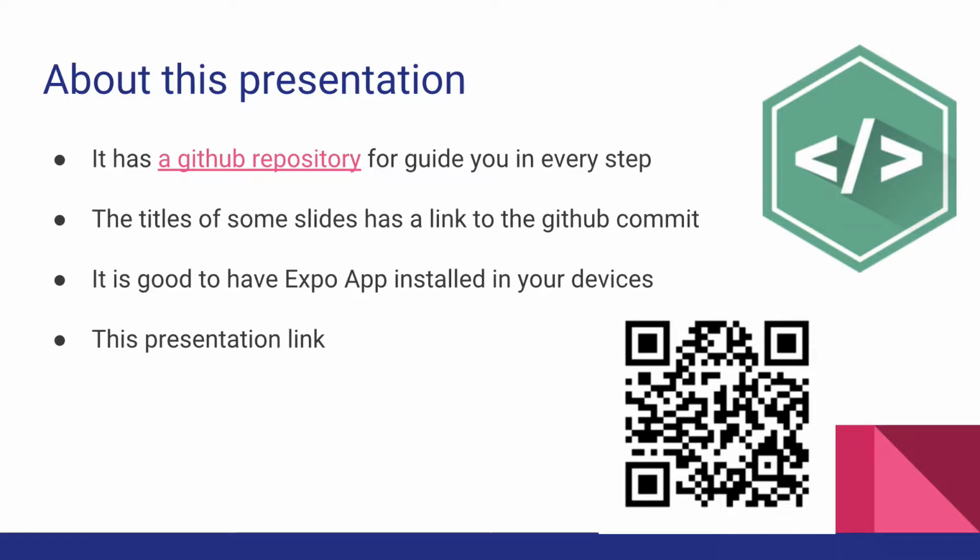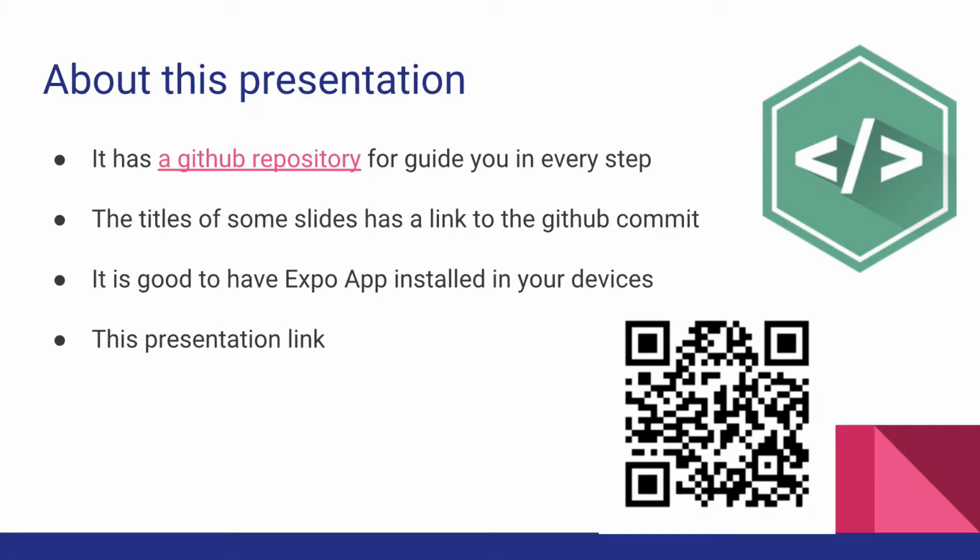I created a GitHub repository. You can see it here. It's a GitHub with a commit for one step at a time. So if you want to learn it, you can go to this link, go to this repository, and go to the history of this project. If you get lost somewhere, you can go back, see what I'm doing, and done.